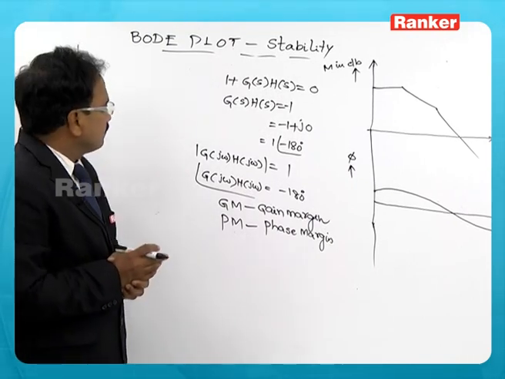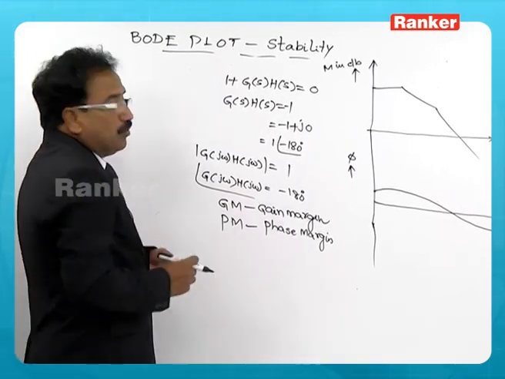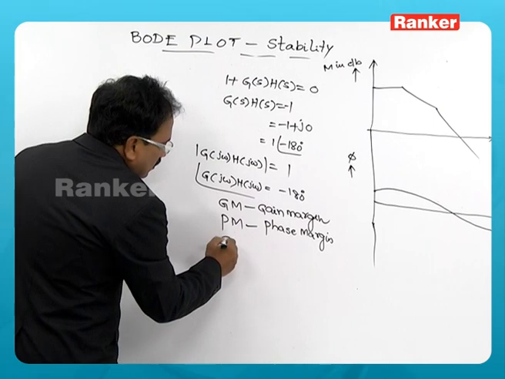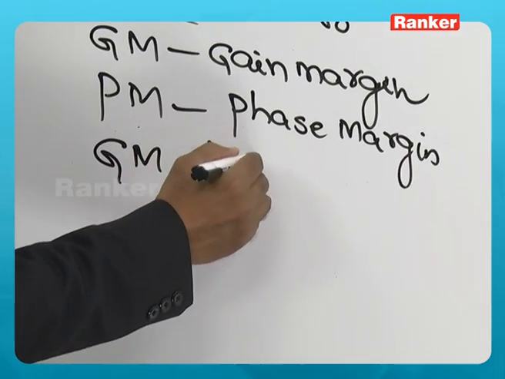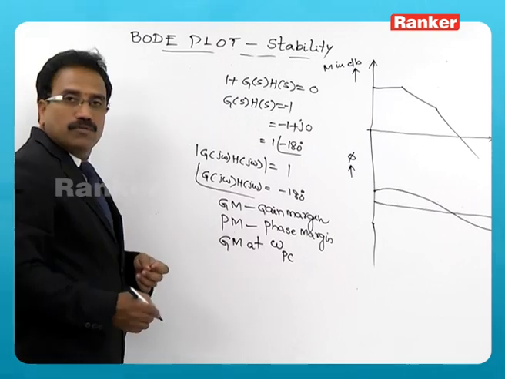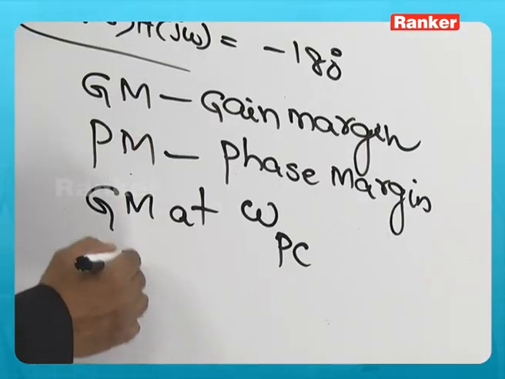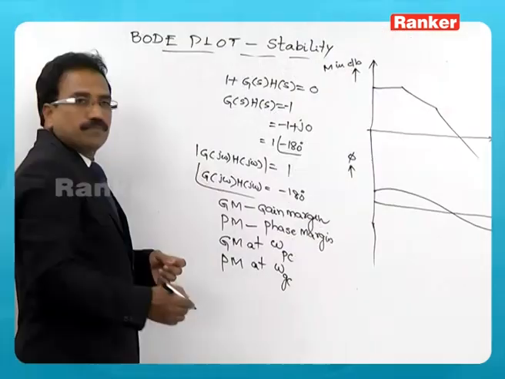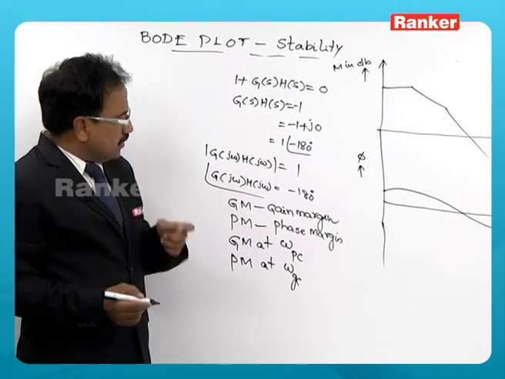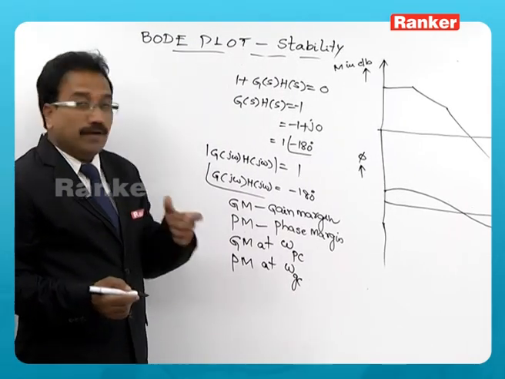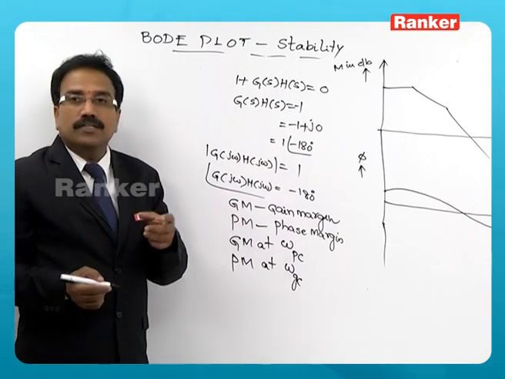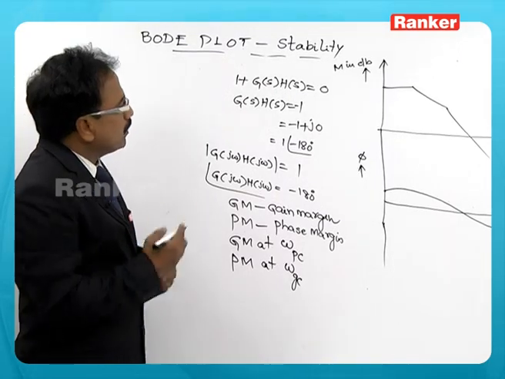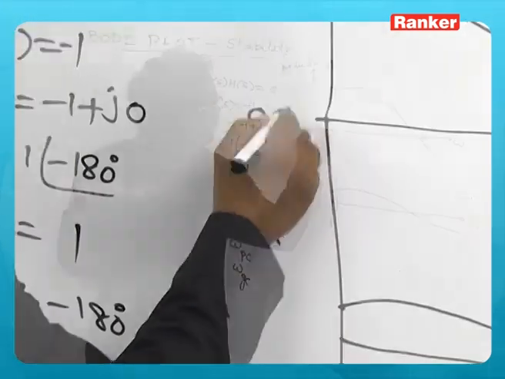Now, from this Bode plot, how to determine the gain margin and phase margin? Gain margin is determined at omega Pc, that is the phase crossover frequency, and phase margin is determined at the gain crossover frequency. Gain crossover and phase crossover frequencies are defined keeping 1 and 180 in view. The gain crossover frequency from the plot is at the 0 dB line.